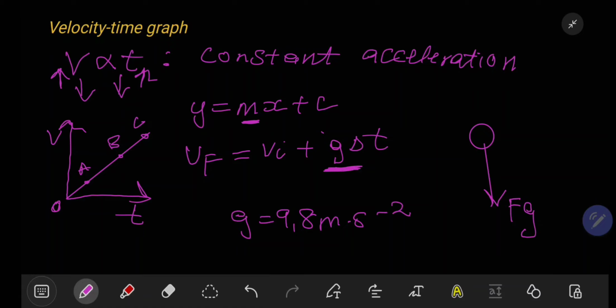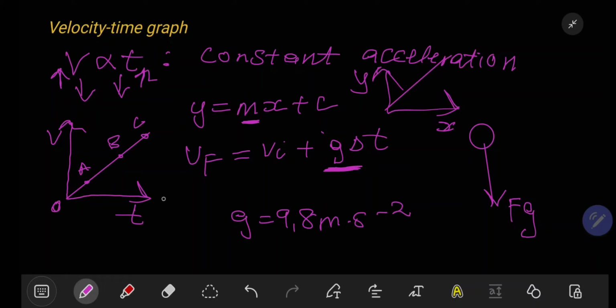Now if we redraw, or when we draw in maths, we have the x and y axis here, and this is a straight line graph. So we have the constant multiplied by whatever is on the x-axis.